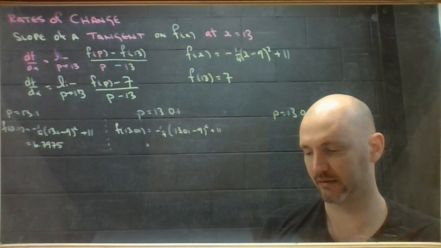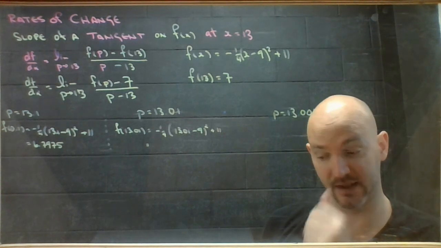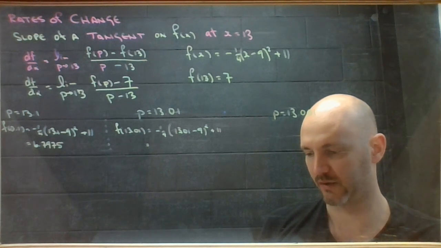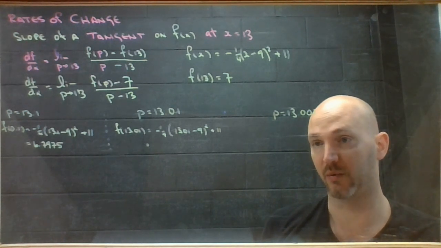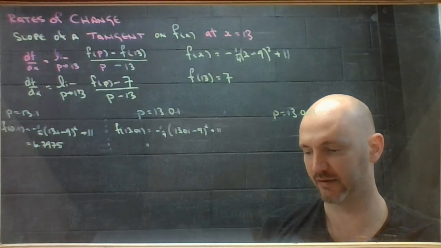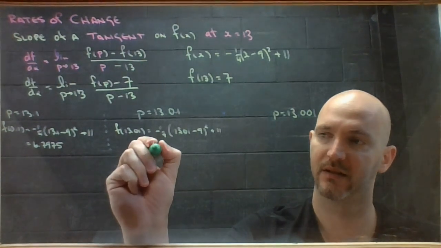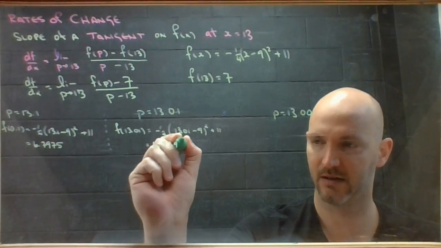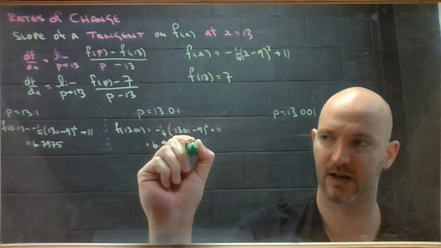Square that gives me 16.0801. Times that by negative 1/4 gives me negative 4.02, plus 11 gives me 6.979975.